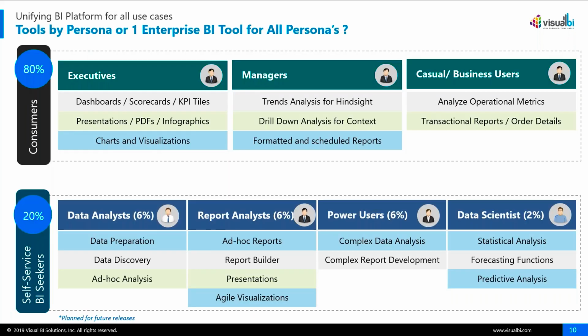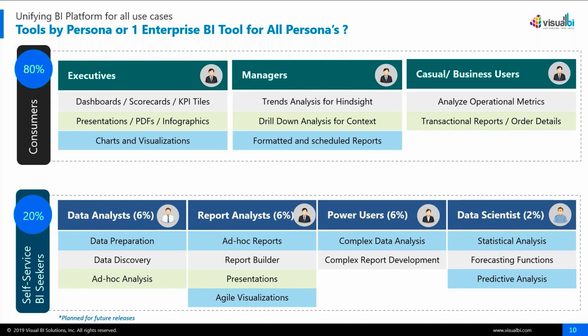Then looking at what kind of audience SAP Analytics Cloud can cater to, we have executive dashboards which are built at an enterprise level, and managers who use drill-down analysis for context, across self-service BI seekers, where we have data scientists and data analysts who slice and dice through data.